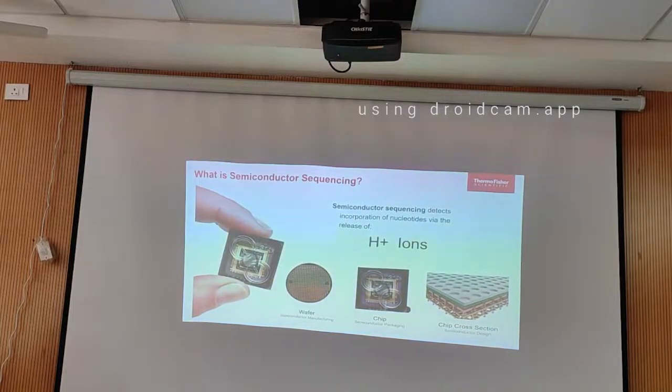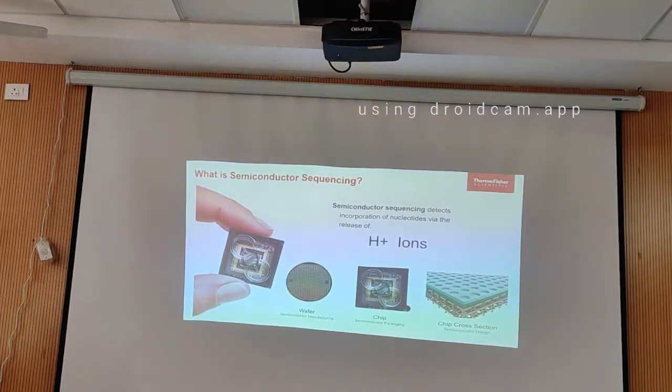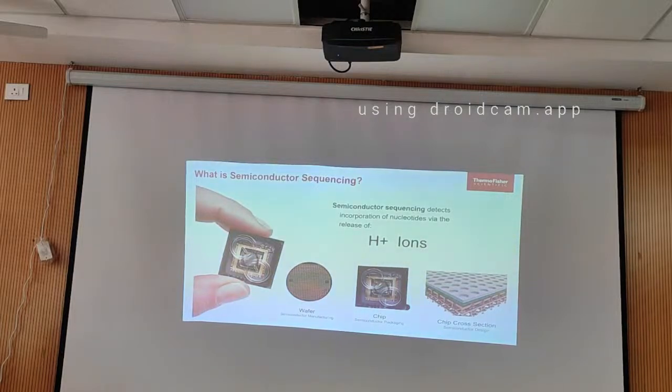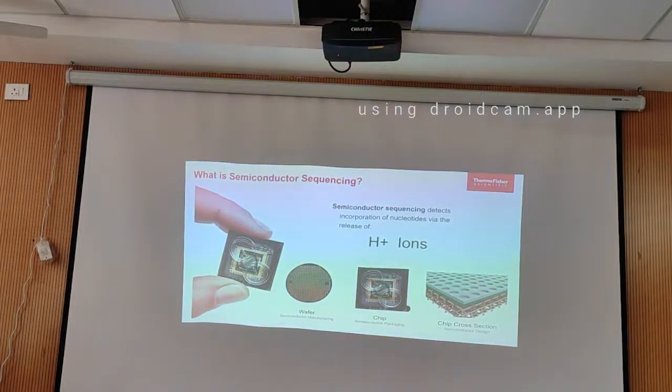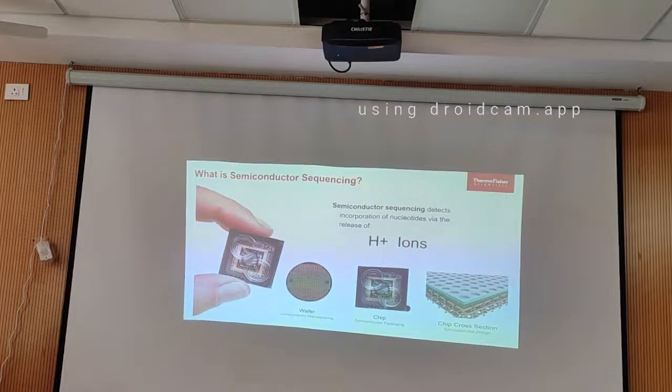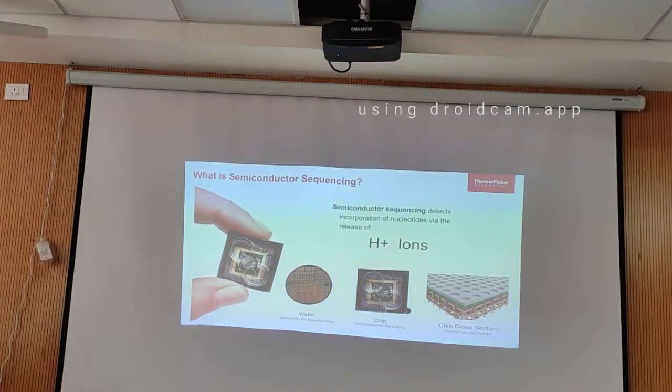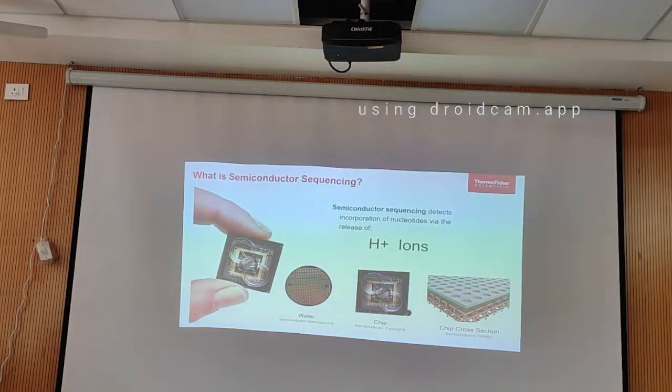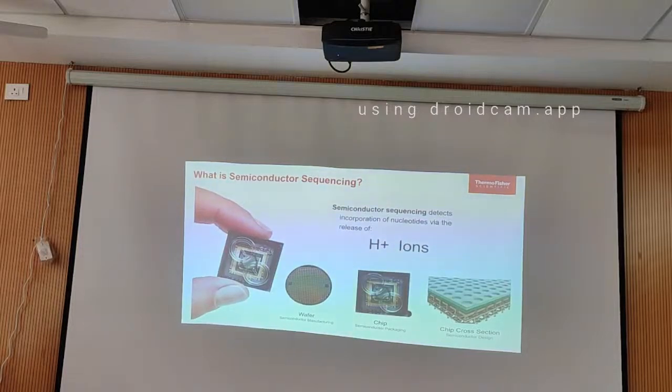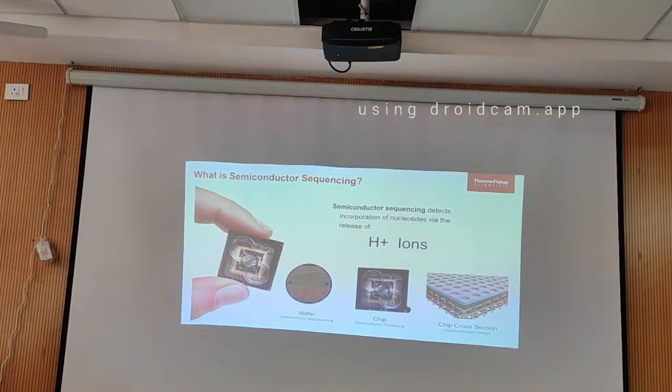When there is a nucleophilic attack and a phosphoester bond is formed, H plus ions are released. H plus ions and two phosphates are released as pyrophosphate. In pyrosequencing, this pyrophosphate was detected.